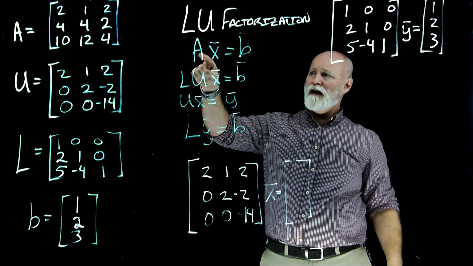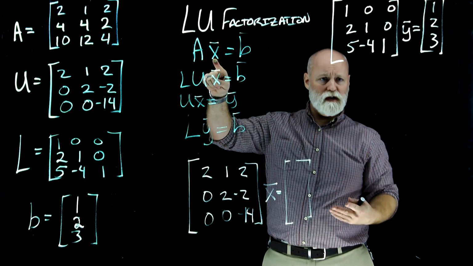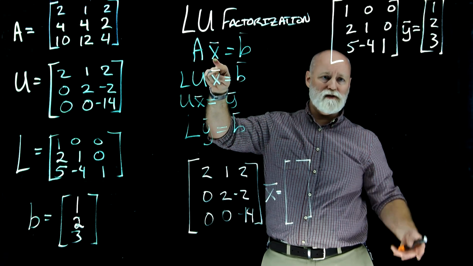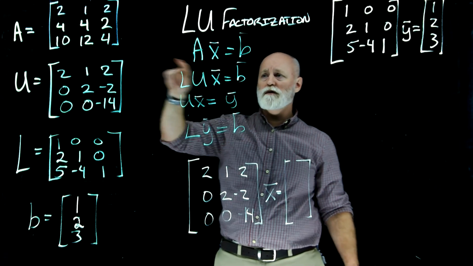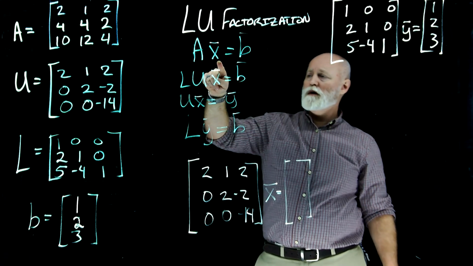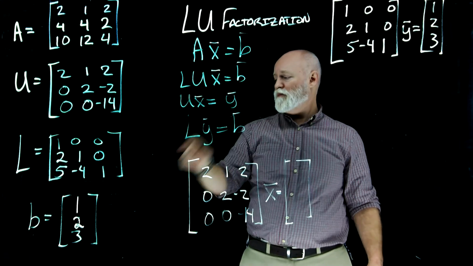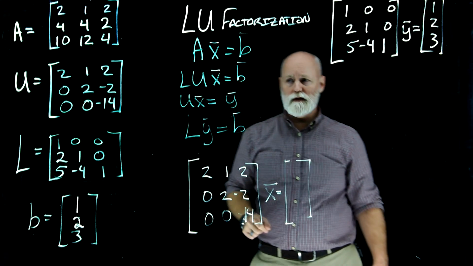So we're saying A times the vector X, which means X1, X2, X3, whatever many values we would need. In this case, this is a 3 by 3, so this would be a vector of 3 rows. And then we have B here, which has 3 rows as well.